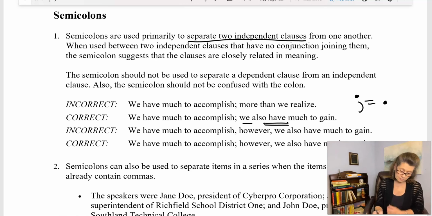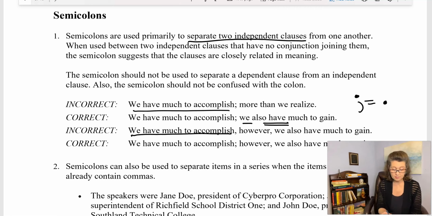Here's another example. We have much to accomplish. Well, that's an independent clause, as we noted up here and here. Here comes another independent clause. We also have much to gain. And however is a conjunctive adverb, it does not affect the status of that clause. If that clause is independent without it, it's still independent with the conjunctive adverb. So here we have two independent clauses joined by a comma.